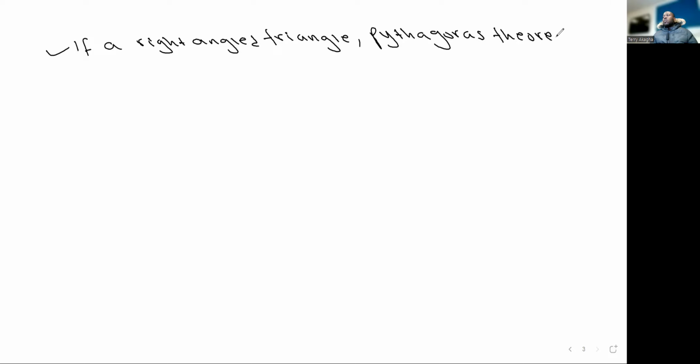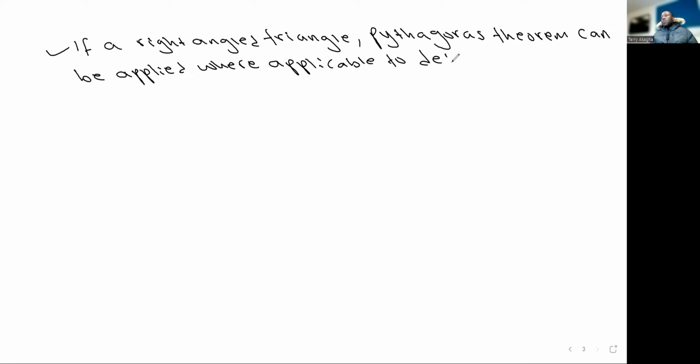So if you have a right angle triangle, the Pythagoras theorem can be applied, where applicable, to determine the third side if the two other sides are known.